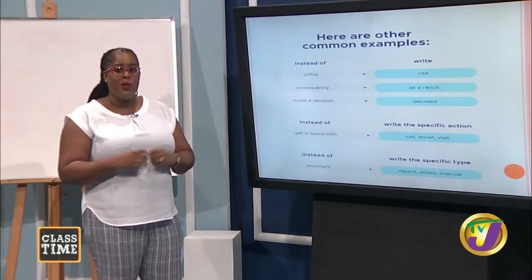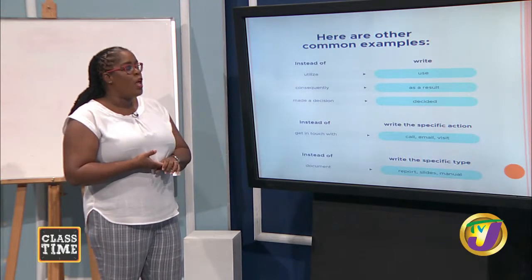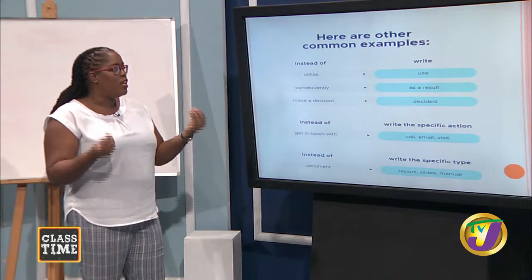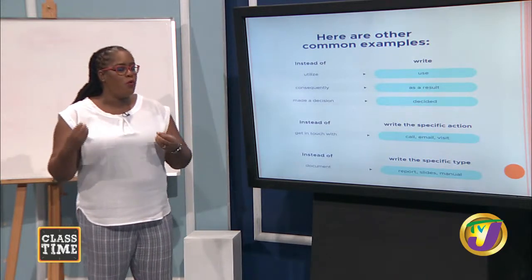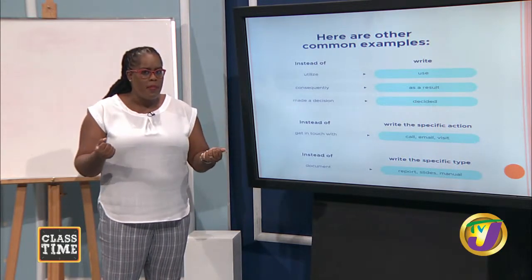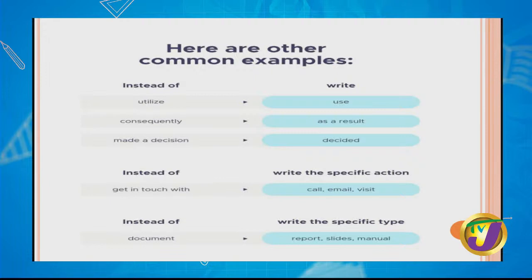All right, so here are some examples. Now, for some persons, instead of using the word utilize, you would write the word use, right? Simpler, right? And remember, as I said before, not everybody's vocabulary is the same, right? So we want to ensure that at the end of the day, whoever is reading the document fully understands what it is that you have presented on the progress report, right?